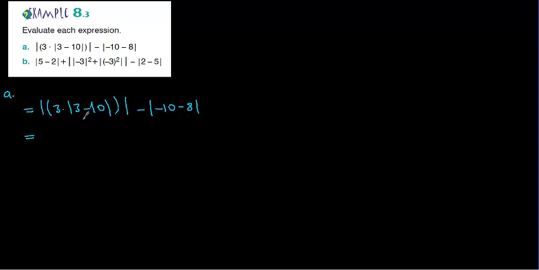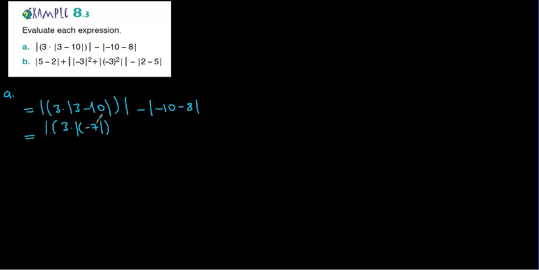And firstly, we are going to do, of course, the operations inside the absolute value. Here, absolute value of 3 times 3 minus 10 is equal to minus 7 in absolute value.